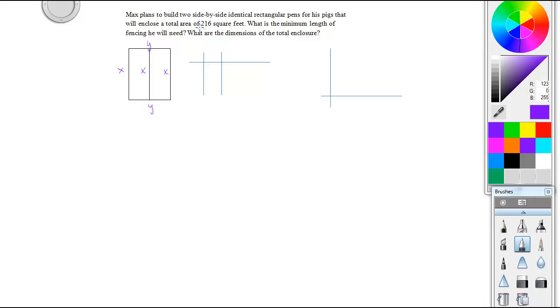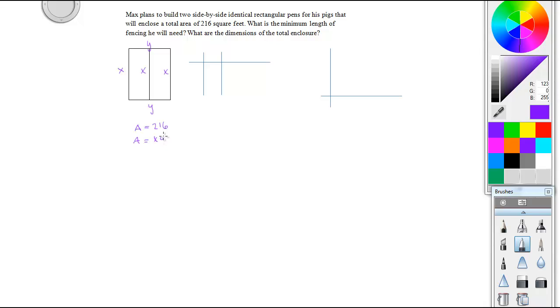So then we know that the total area is 216 square feet. So that means I'm going to write that down as an equation. Area is 216. Now, any formula to find the area of the rectangle would be a good idea, but I'm going to go ahead and just write it with x and y because those are the variables here.